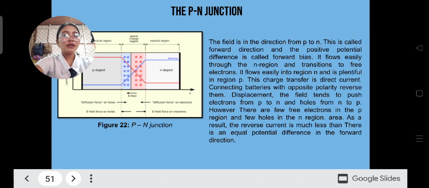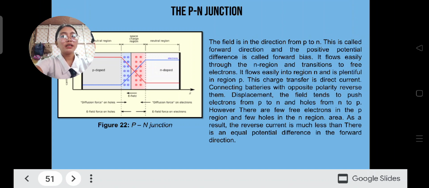It flows easily through the N region and transitions to free electrons. It flows easily into region N and is plentiful in region P. This charge transfer is direct current. Connecting the battery with opposite polarity reverses them.